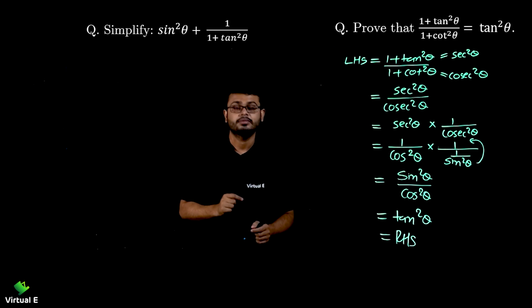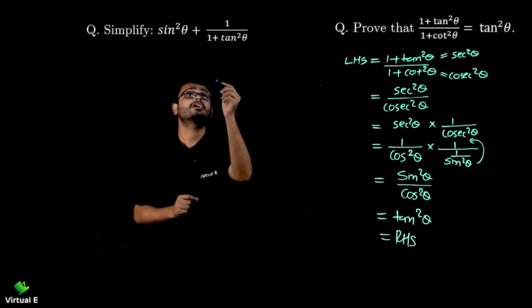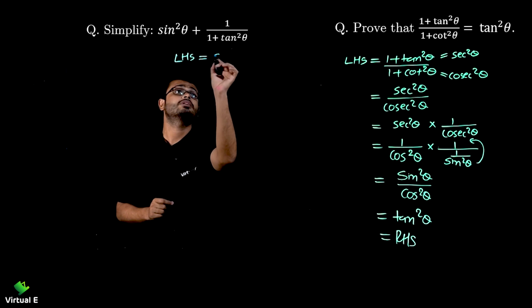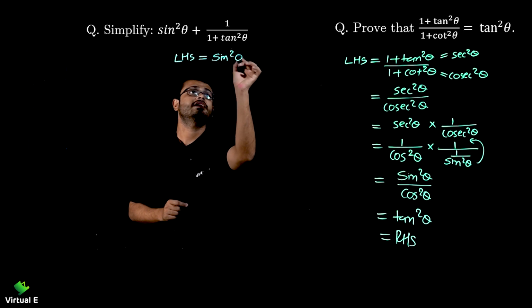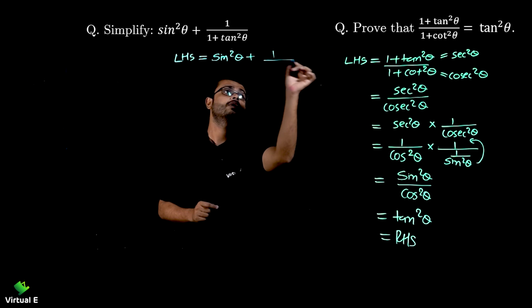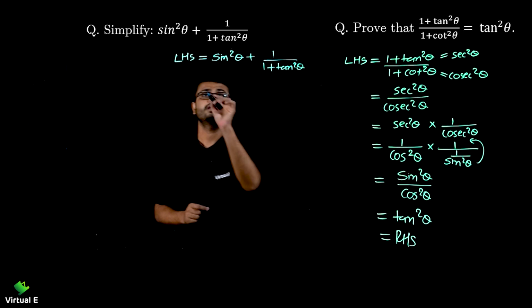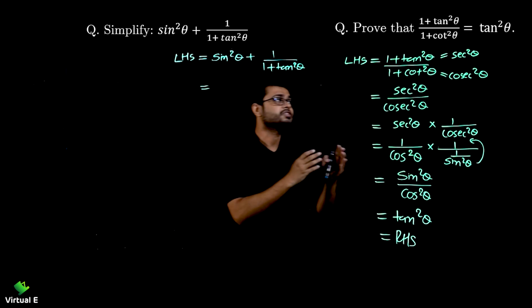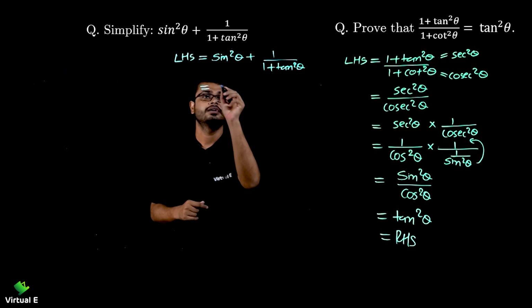Let's move to the next question, which is: prove that sine square theta plus 1 over 1 plus tan square theta is equal to 1. Okay, so let's start with the LHS only. LHS is equal to sine square theta plus 1 over 1 plus tan square theta. Done? Now 1 plus tan square theta we just discussed, which is sec square theta.